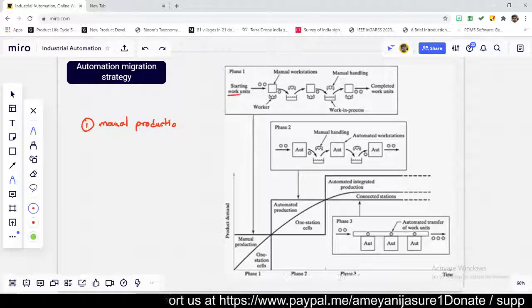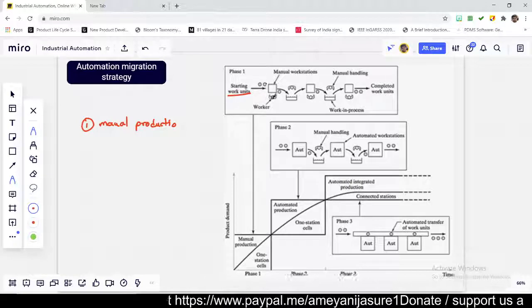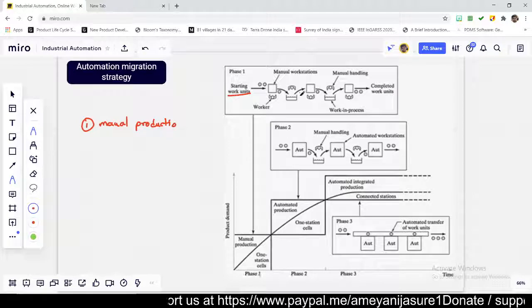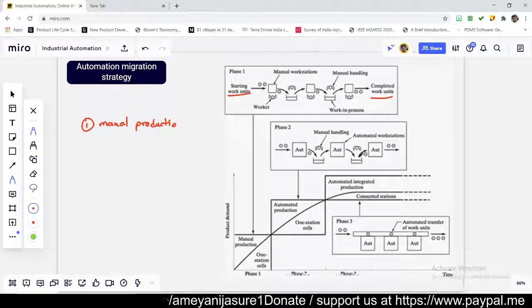So this is the starting of a work unit. First worker will perform the manual operation, then it will be transferred by a worker from one workstation to another workstation, and so on. The complete operation will be divided into various steps, and all those steps will be performed manually one after the other, and at the end you get the completed work units.